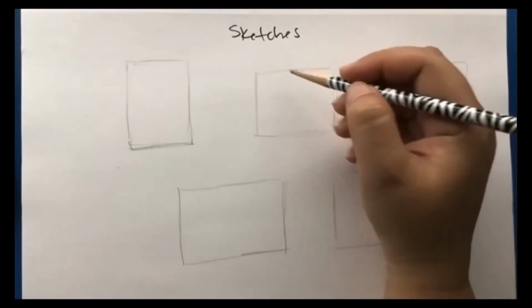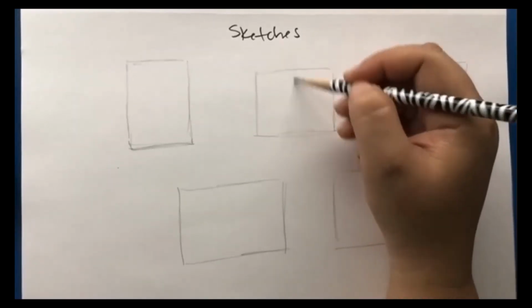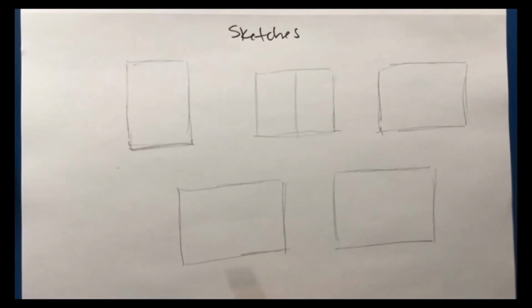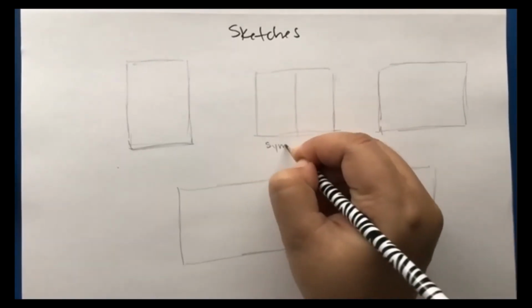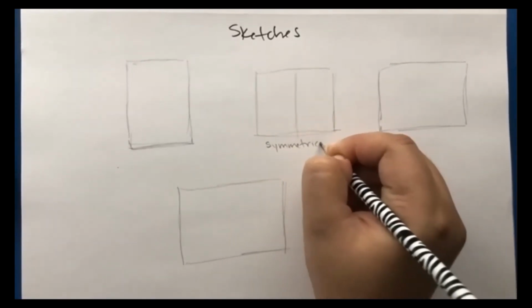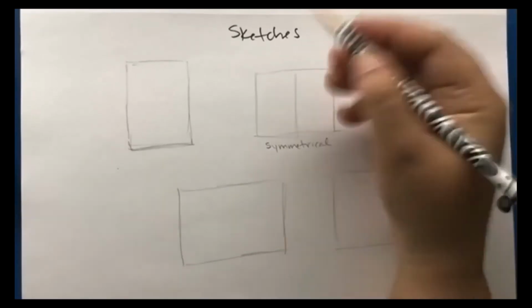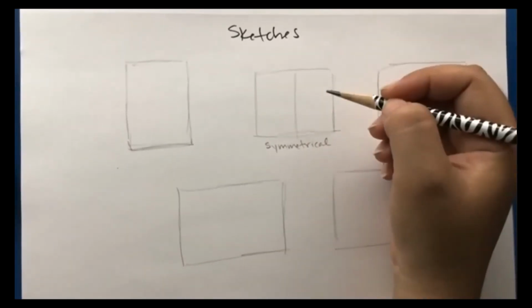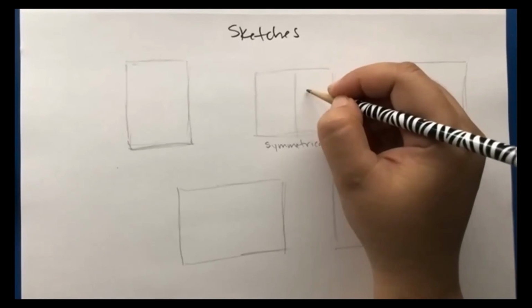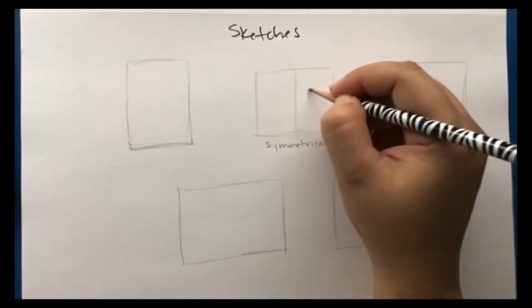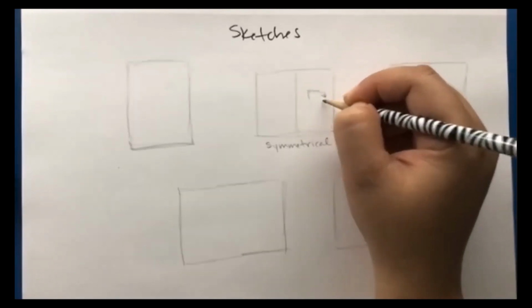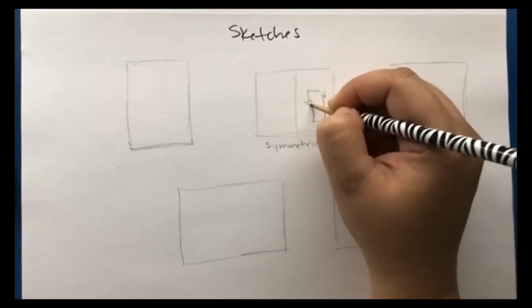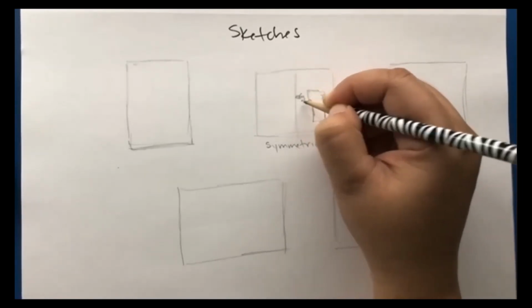So let's say I divide my paper in half, and I want to do this one symmetrical. So maybe I'm zoomed in and I have that little dormouse holding on to some flowers.